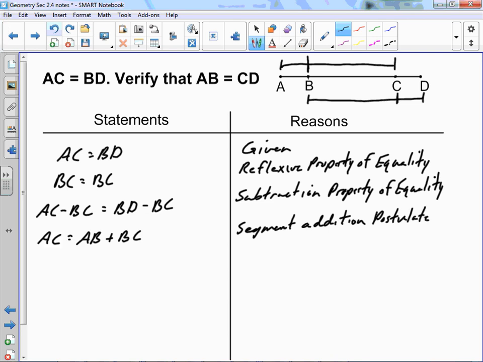One of those postulates we learned in chapter 1, which says that a bigger segment can be made up of two smaller segments added together. And then also, we want to define what BD is. Same process. BD is CD plus BC, which is also the segment addition postulate.